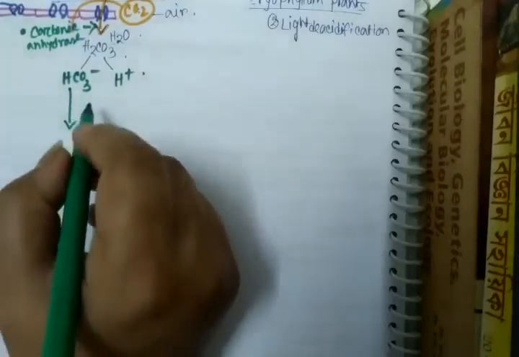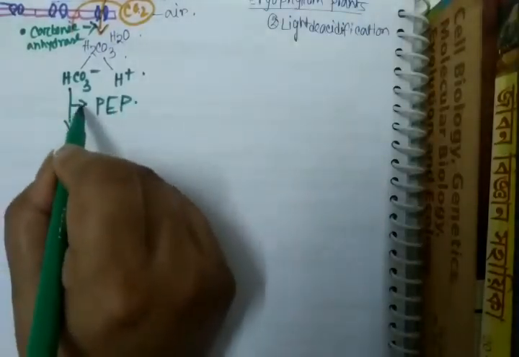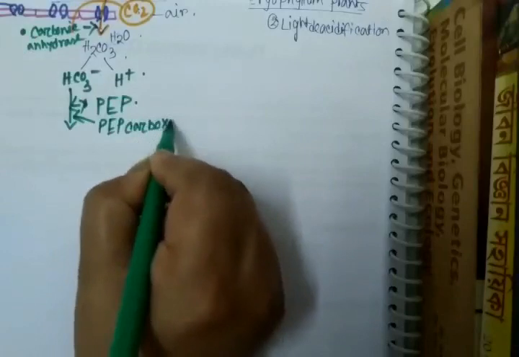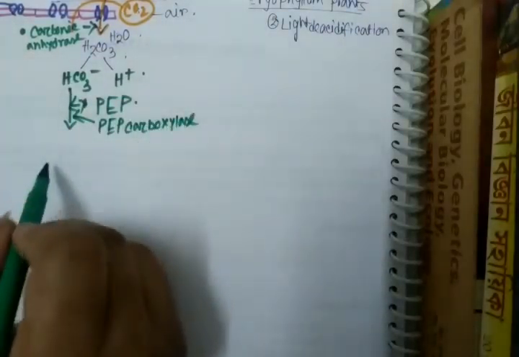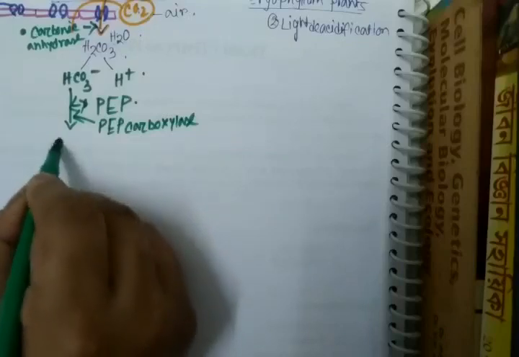And in the next process, the HCO3 minus, with the help of phosphoenol pyruvate, that is PEP, and another enzyme, that is PEP carboxylase, will form oxaloacetic acid.